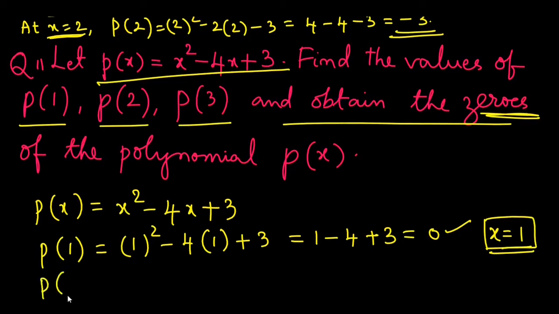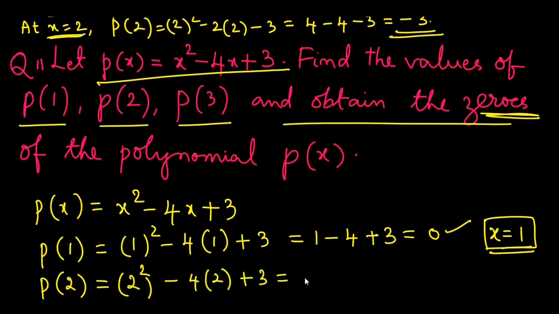Now let us take p of 2. P of 2 is equal to, so substitute 2 in place of x in p of x. 2 square minus 4 into 2 plus 3.